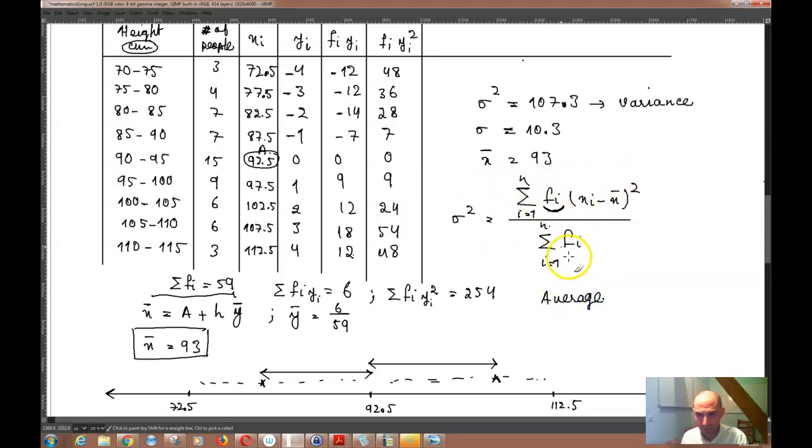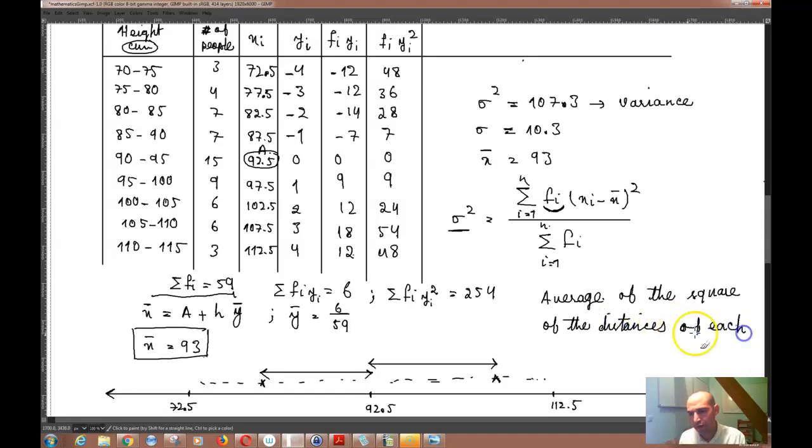If I want to just use simple English to express what this formula is, it is the average of the square of the distances of each of the observations from the mean.